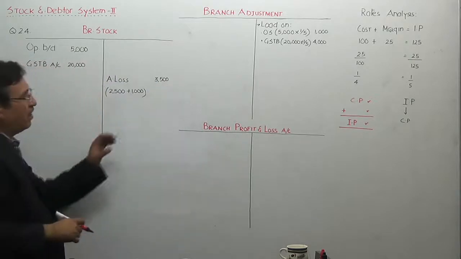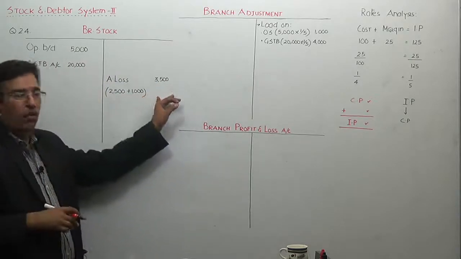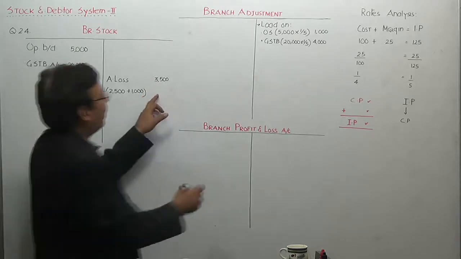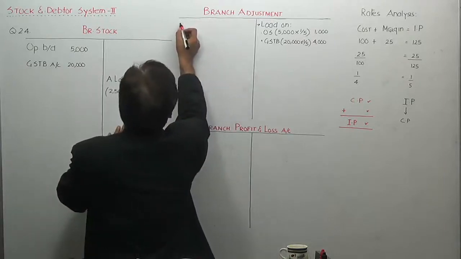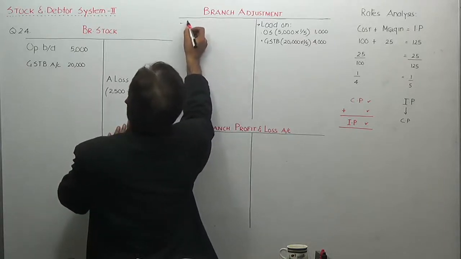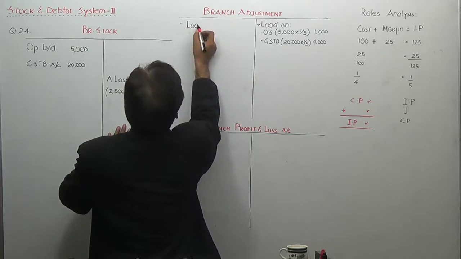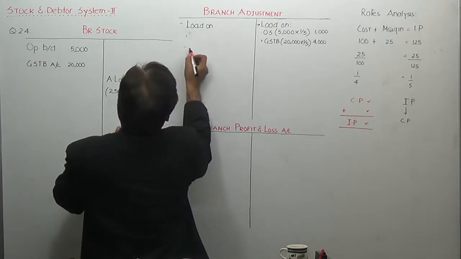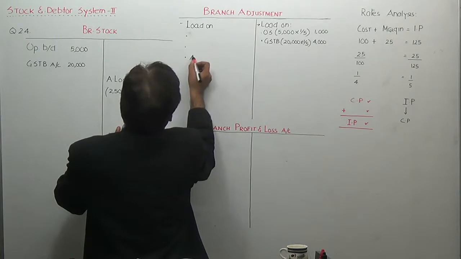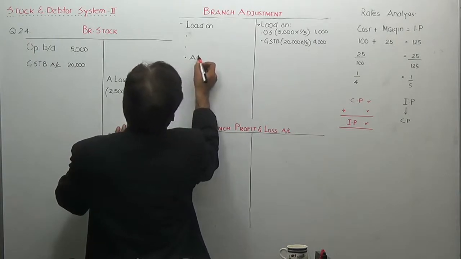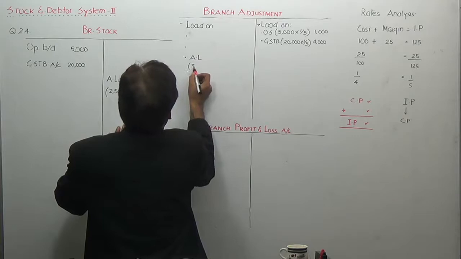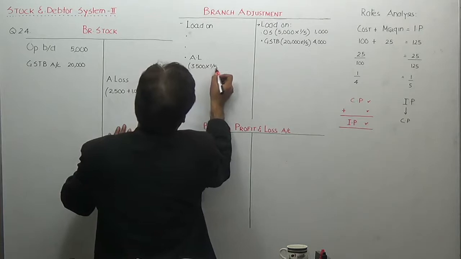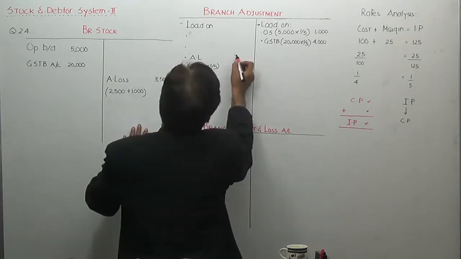Now, since these goods have been lost, we are not going to realize the profit or the margin which is included in it. That is the reason on the debit side of the branch adjustment account, I would write load on abnormal loss. Abnormal loss is 3,500 and loading in it will be 3,500 into 1/5, which is equal to 700.